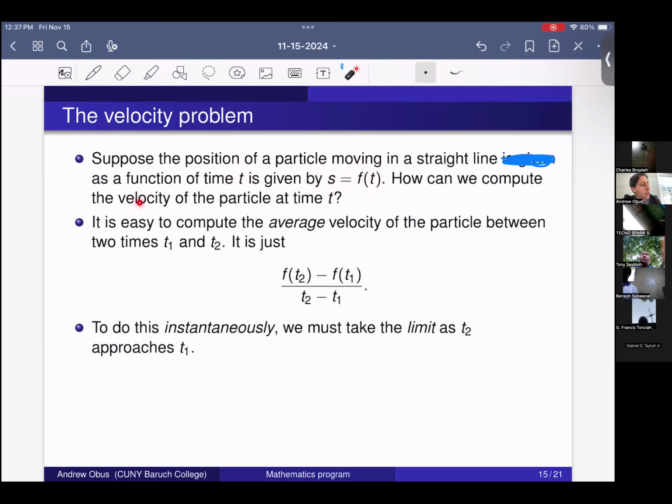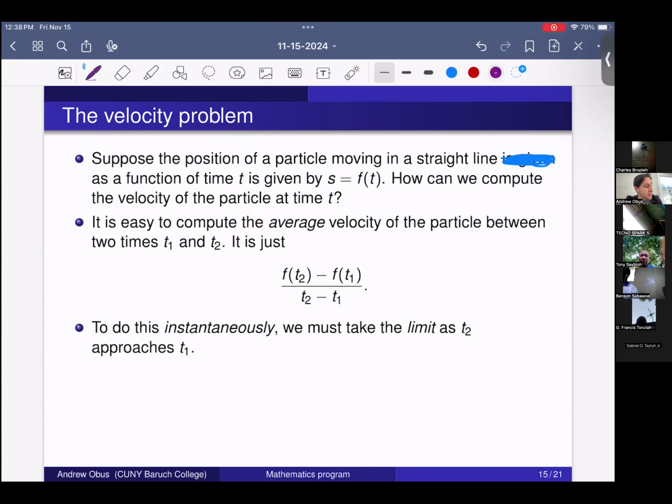So the question is, how can we compute the velocity of the particle at time t? This is what your speedometer is doing in a car. The speedometer tells you exactly how fast you're going at a given time, so it's telling you what your velocity is right now. Now, usually what we would compute is the average velocity between two times.